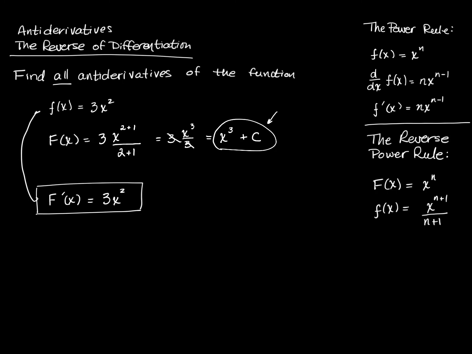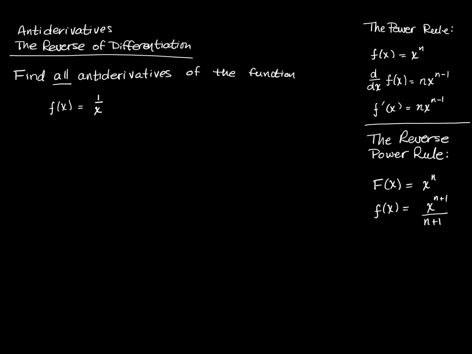Let's try another one. Find all antiderivatives of the function f of x equals 1 over x. Well, we don't have a rule for reciprocal functions, but we can rewrite this as x to the negative 1. And just as with differentiation, the reverse power rule works very nicely as long as our function is made up of polynomial terms.